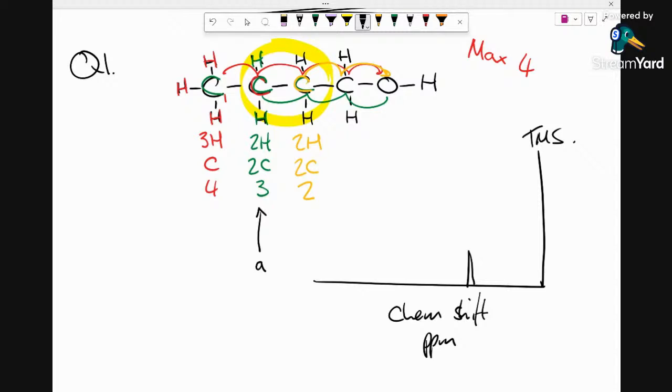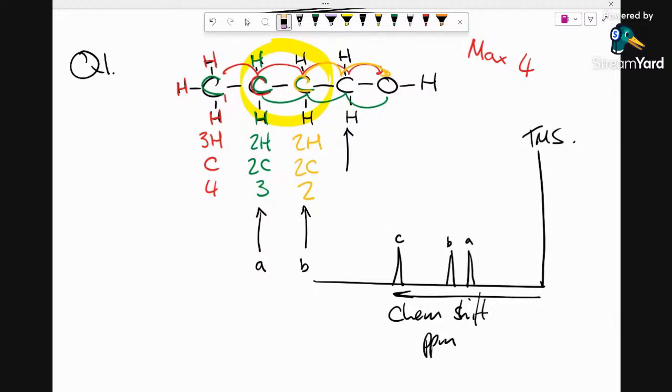If I call this A, that's where A would be. And this one would be further downfield. Probably not a huge amount, by the way. The next one, let's call this one B, is going to be further downfield. There's B. C, this one here, is going to be much further downfield because it's closer to the electronegative oxygen. So the closer you are to something electronegative, the further shifted from zero you are. That's a really useful piece of information.